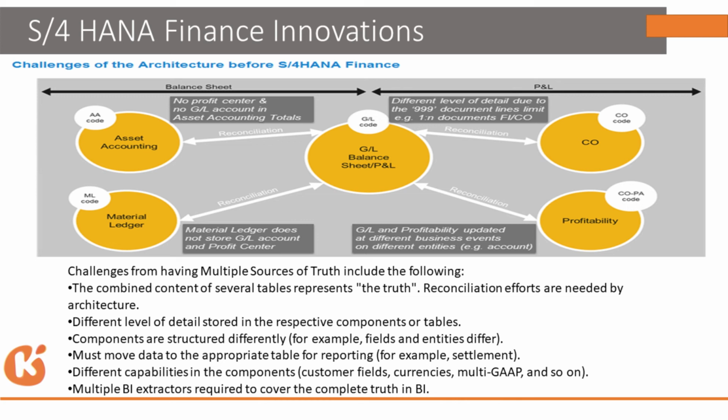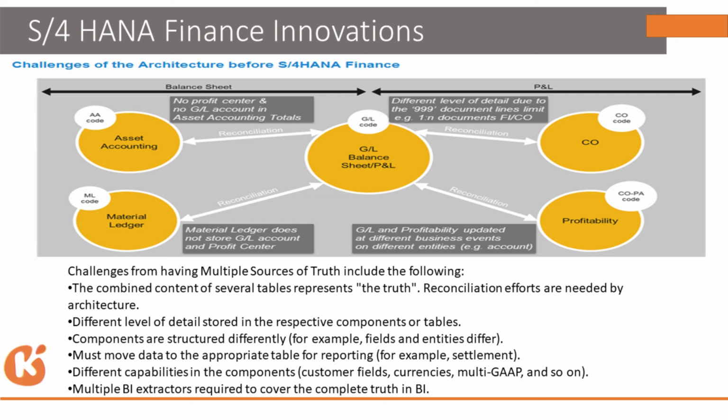So if you post any document, it will store into different tables: line item tables, total tables, then index tables. The same information used to be stored in different tables. And for that, reconciliation was required. Reconciliation with FI and CO, FI and COPA, FI and material ledger, FI and assets. So different sorts of reconciliations are required.